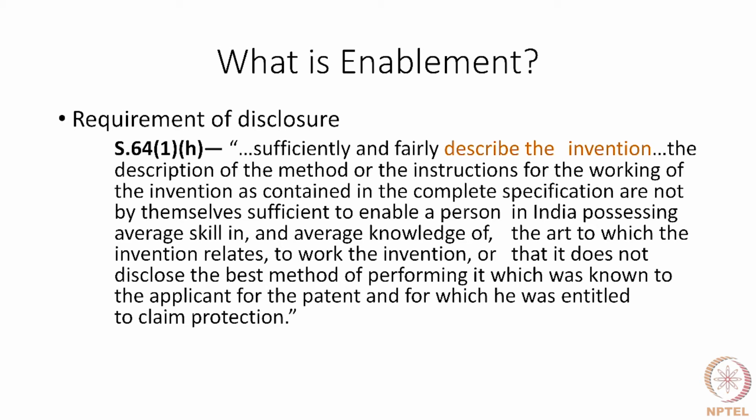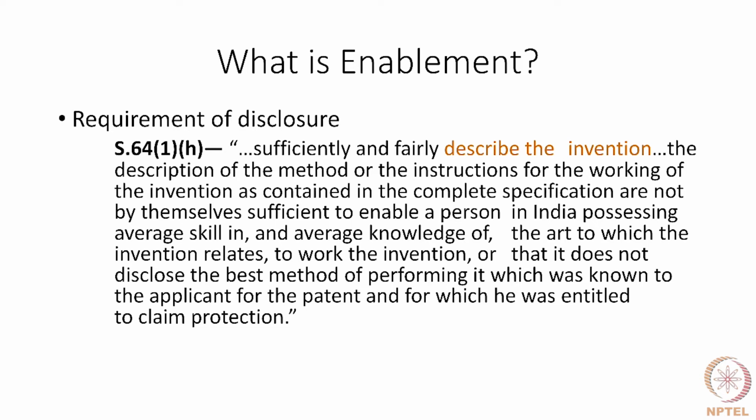They could be grounds that are extrinsic. There is a prior art which anticipates the invention. That's an extrinsic ground because you have to compare the patent with something that has gone out. They could be an obviousness related objection, the fact that the invention does not involve an inventive step. Again, you need to compare something with the prior art.